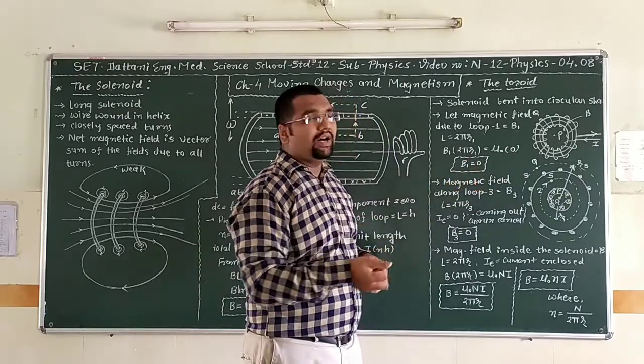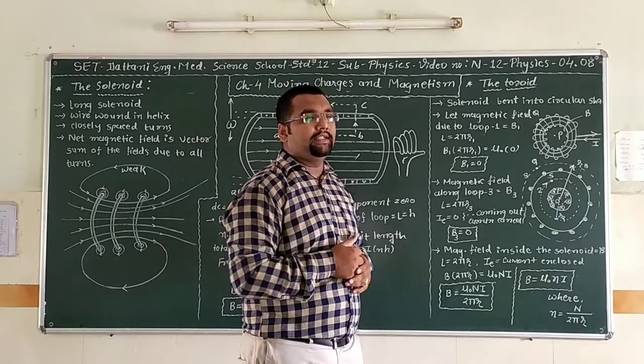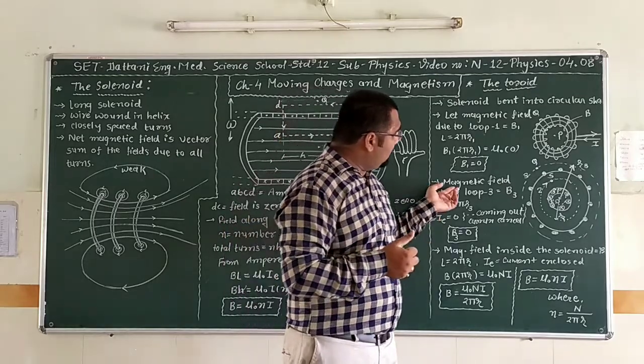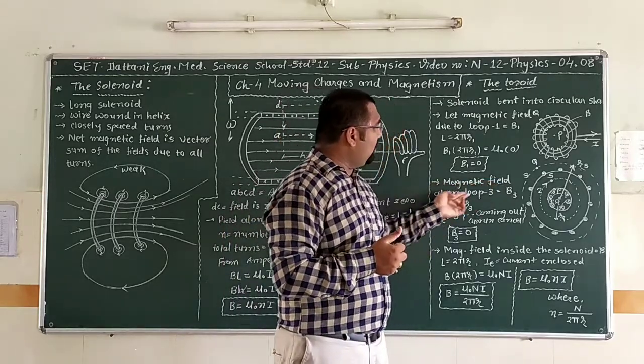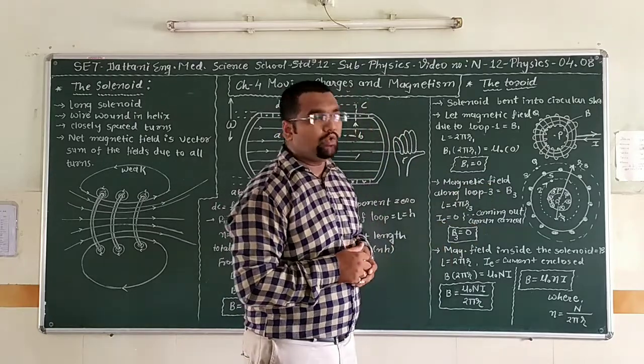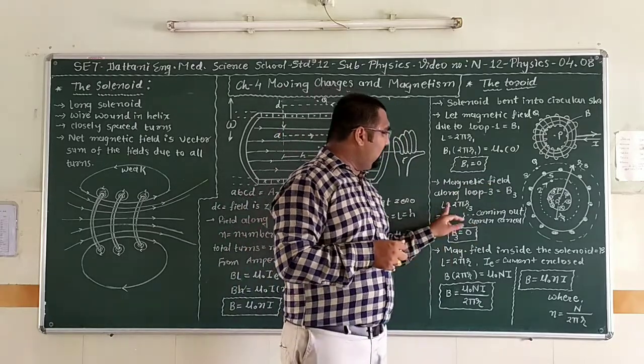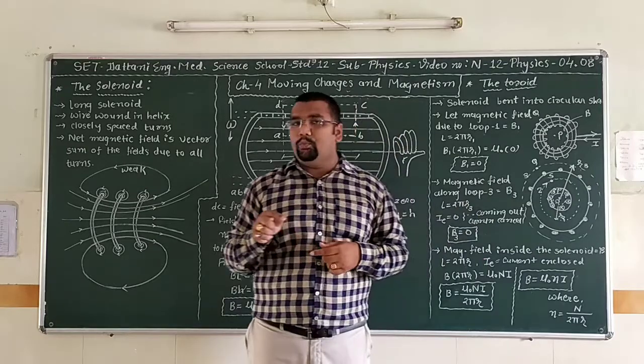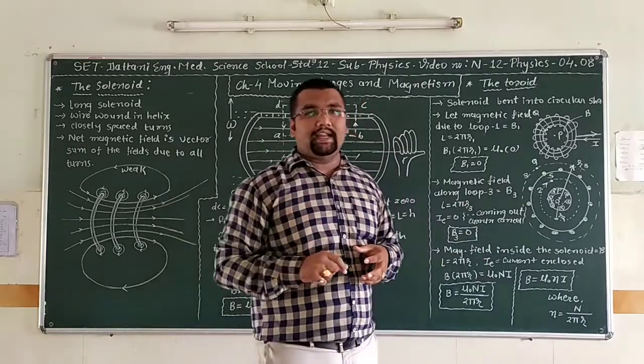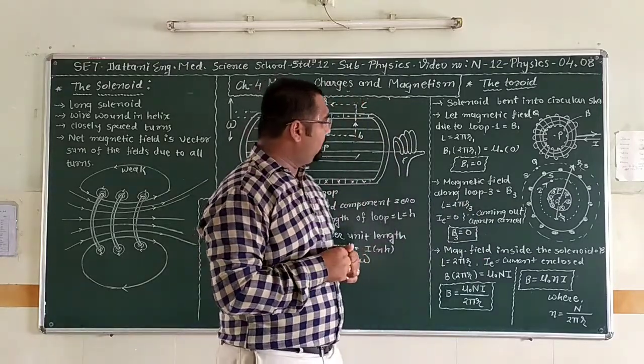Now for loop number 3, let the magnetic field along loop 3 be B3 and the length of the loop be 2 pi R3, where R3 is the radius of that loop.